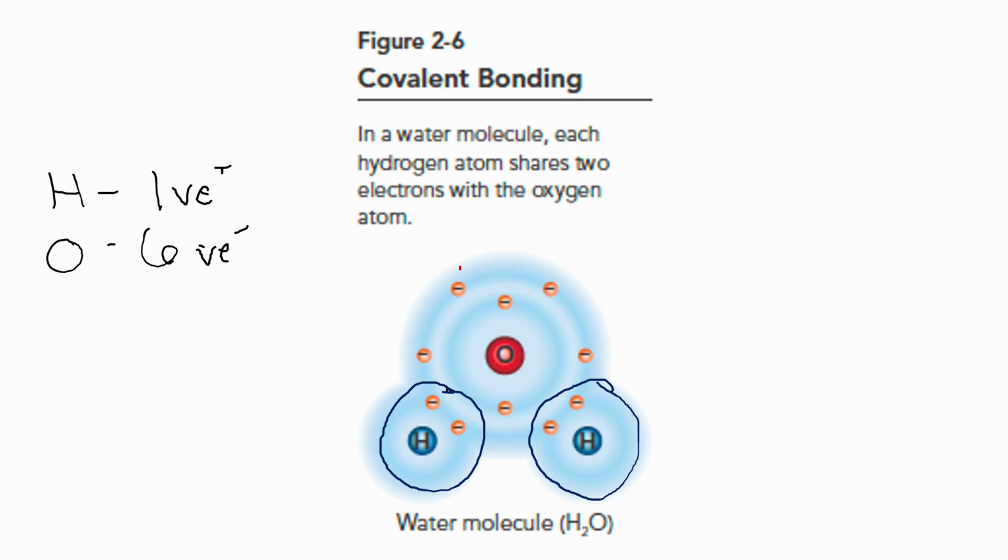If you draw a circle around the electrons of oxygen, you'll notice that both of their valence shells are full, because the first valence shell can only hold 2. So both hydrogens are happy. And the oxygen wants to get 8, so there are 8 valence electrons now around the oxygen forming that bond. So you can see how that overlap happens, where they're sharing those electrons between the atoms.